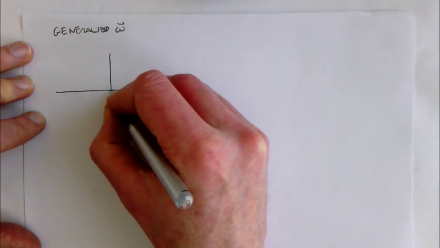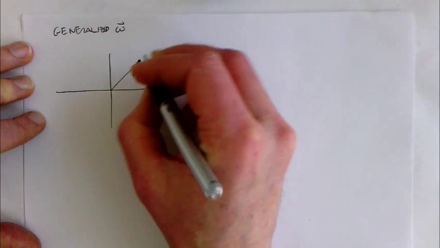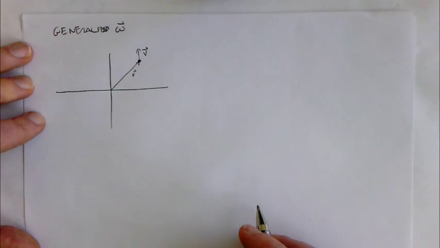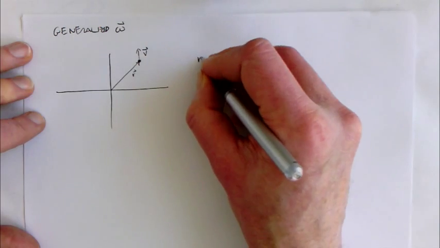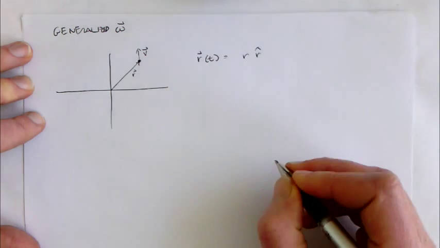Let's think about some general situation. We've got some object located at some position r, and it's moving at some velocity v. If I use polar coordinates to describe this, the position vector as a function of time is r times r hat.